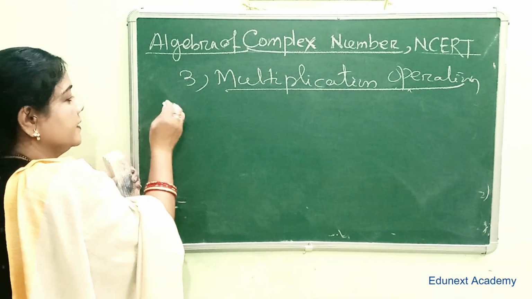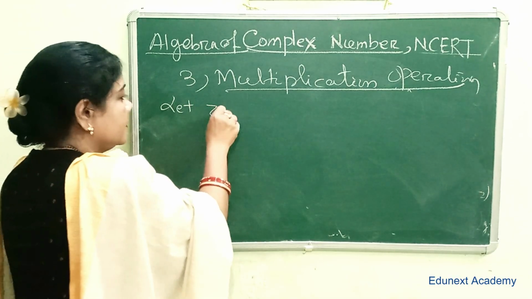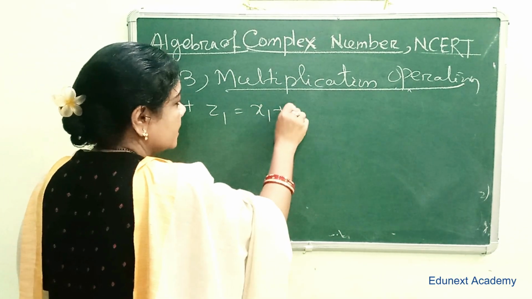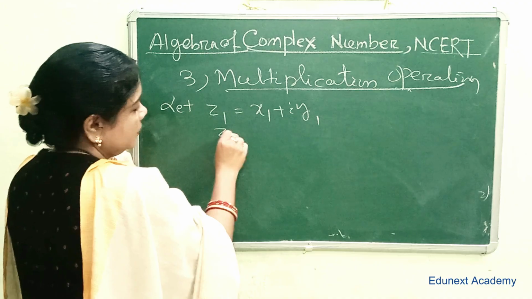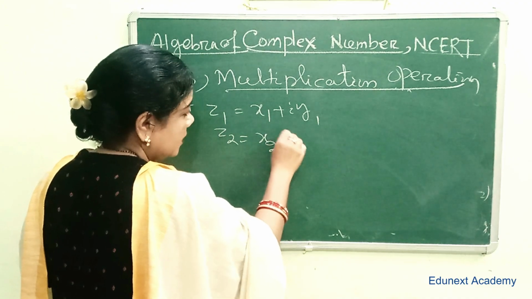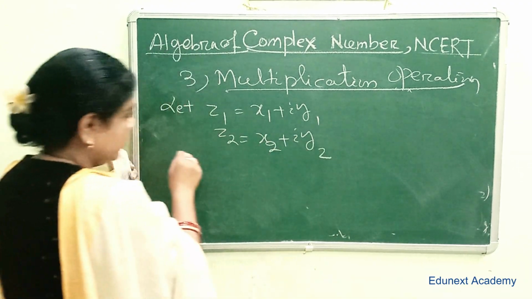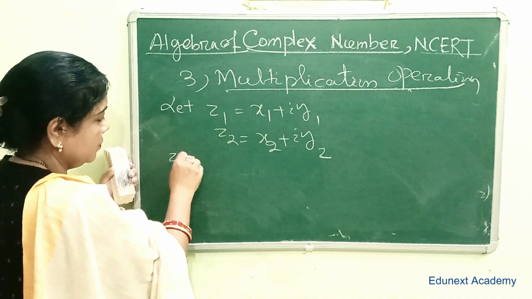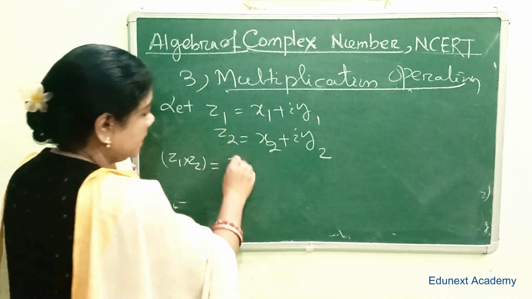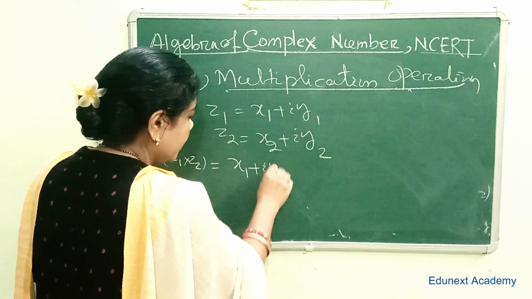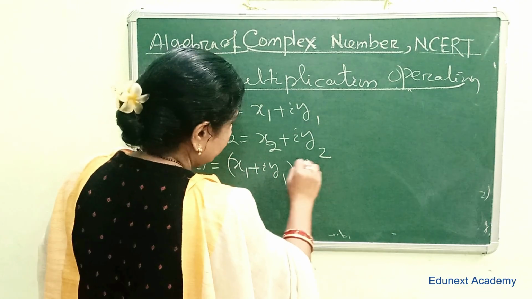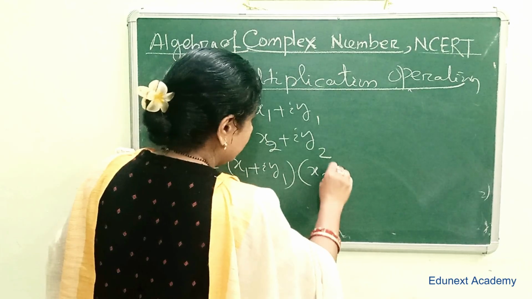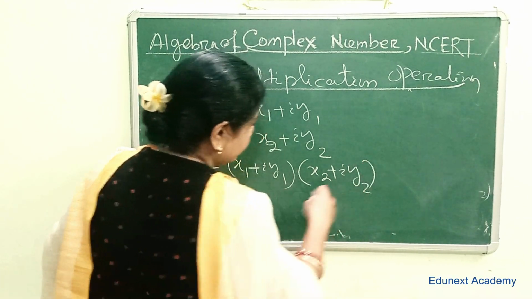Similarly, let z1 be x1 plus iy1 and z2 be x2 plus iy2, then z1 into z2 is x1 plus iy1 whole into x2 plus iy2.